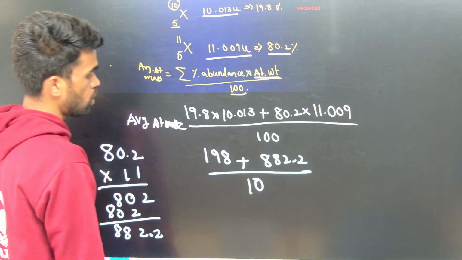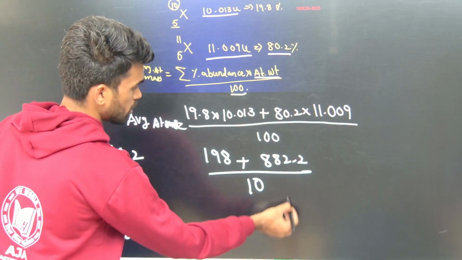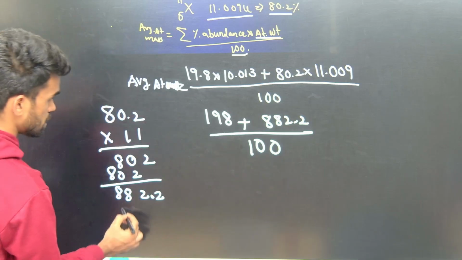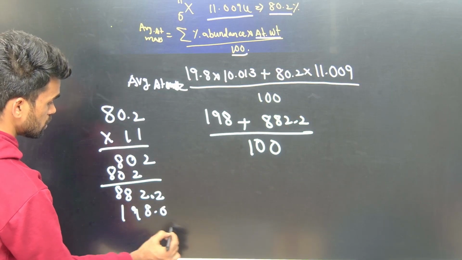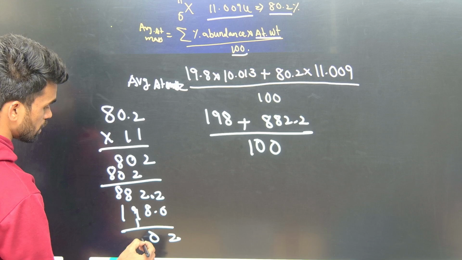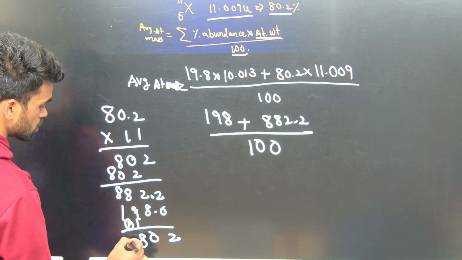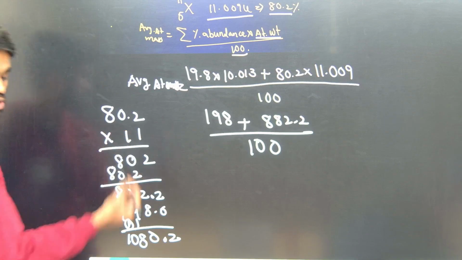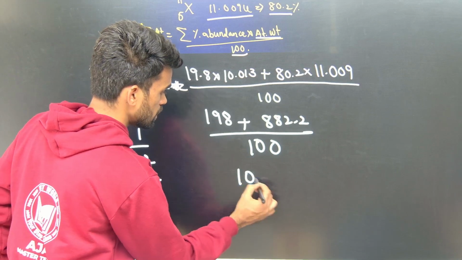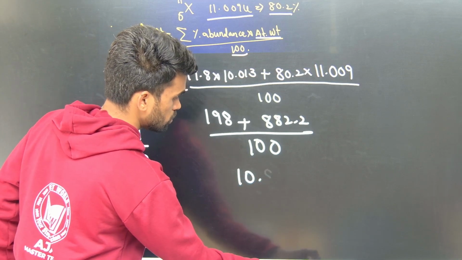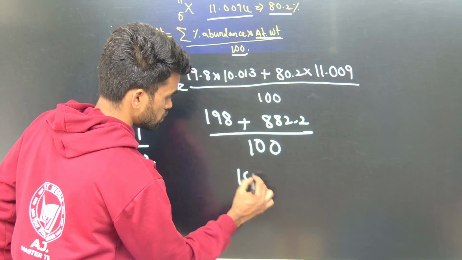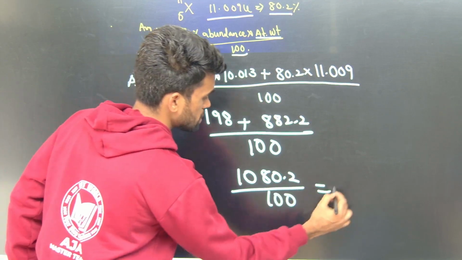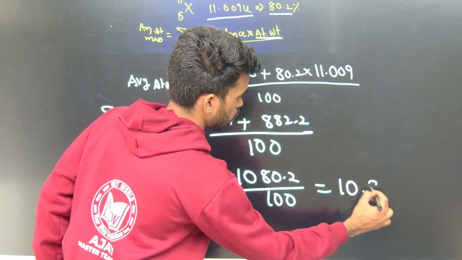Just add 198, so 1080 we have, by 100. So you will get the answer around 10.8.